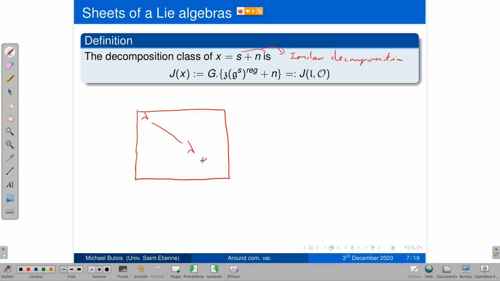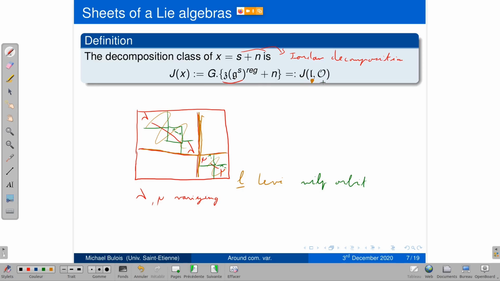Here S has eigenvalues, and what you do is you allow lambda, mu to vary. So this is this part, and what I've drawn in blocks here is the Levi. This is a product of GLN in the GLN case. And then you add a nilpotent orbit, and this nilpotent orbit is encoded by Jordan blocks. So this is this O here and this N here.